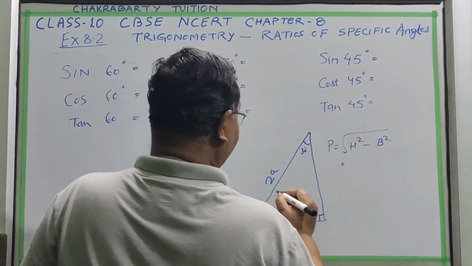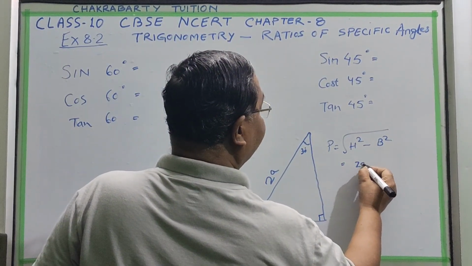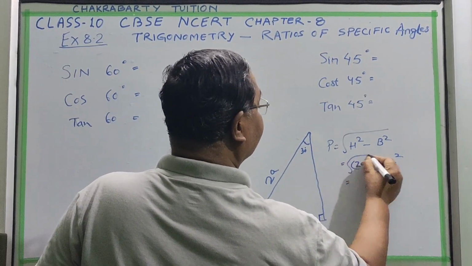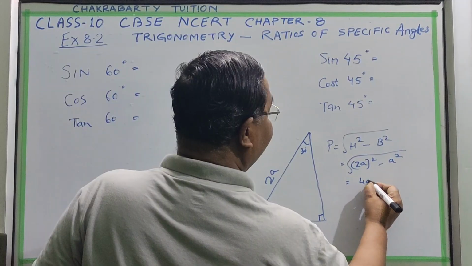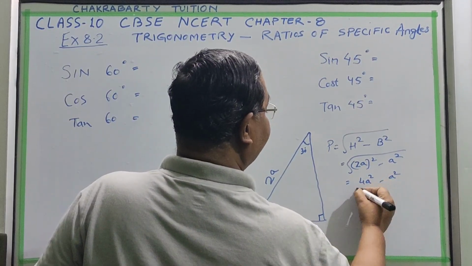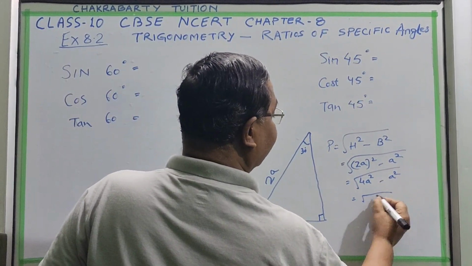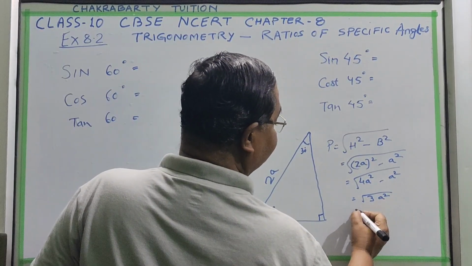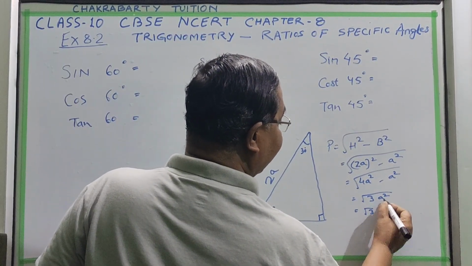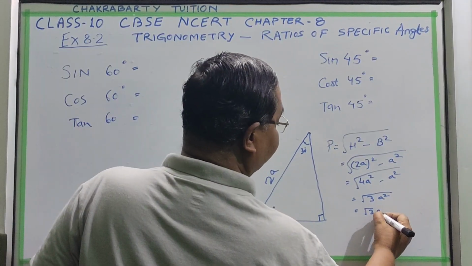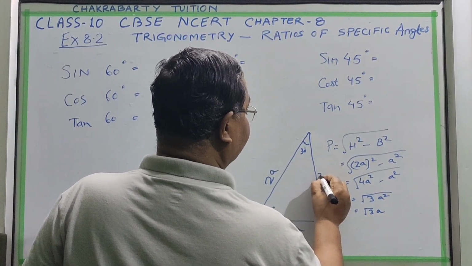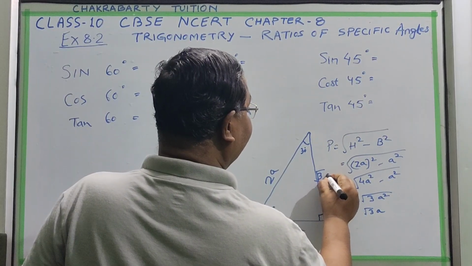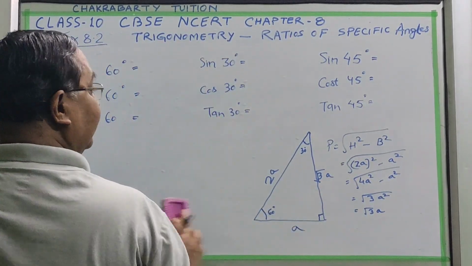So it is 2A square minus A square, which becomes 4A square minus A square under root, so under root 3A square. A square we can take out, so the perpendicular will come as under root 3 A.